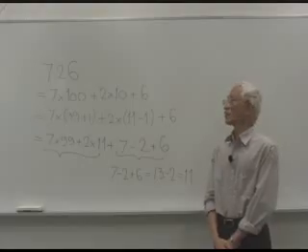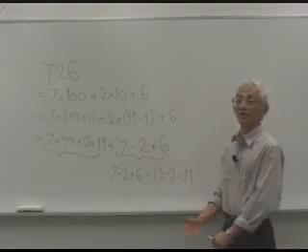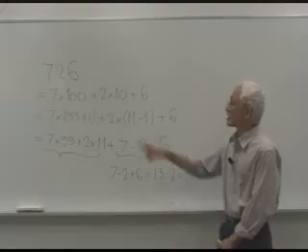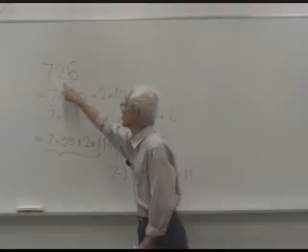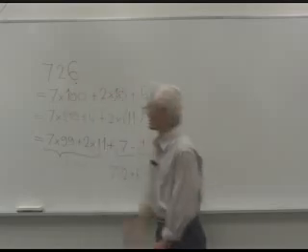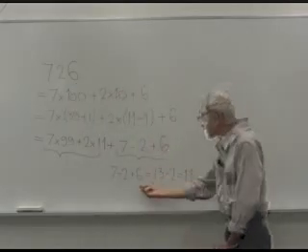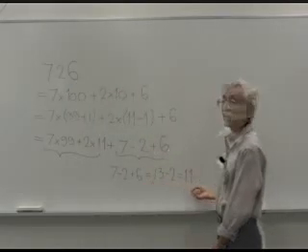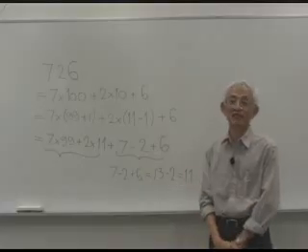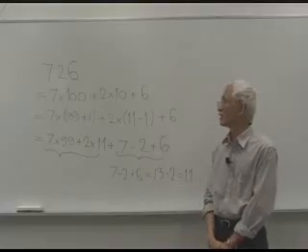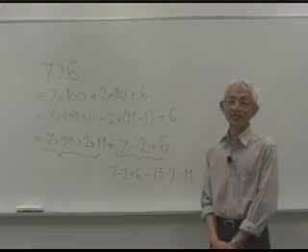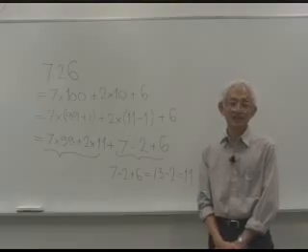Otherwise, it is not. For example, you can check very easily 727 instead of 726: you end up with a 7, a 7, then you end up with a 12, so it is not divisible by 11. So we say that 727 is not divisible by 11.